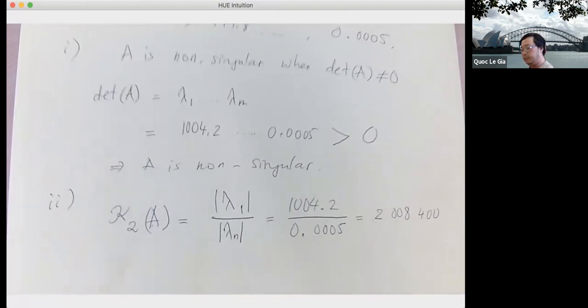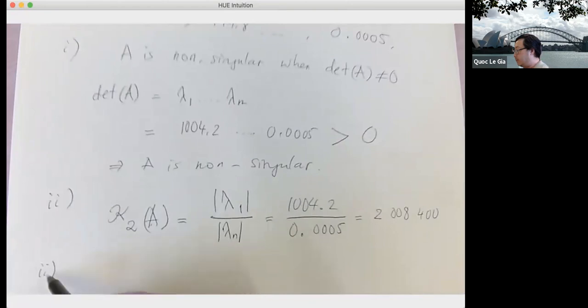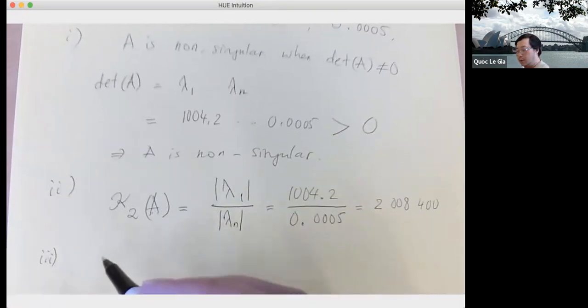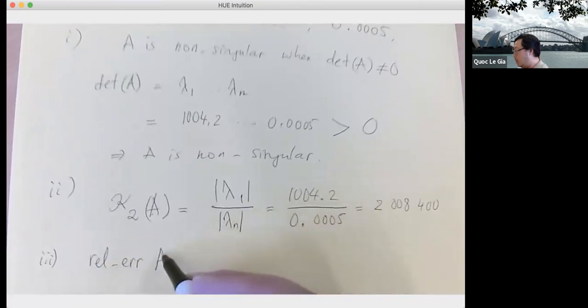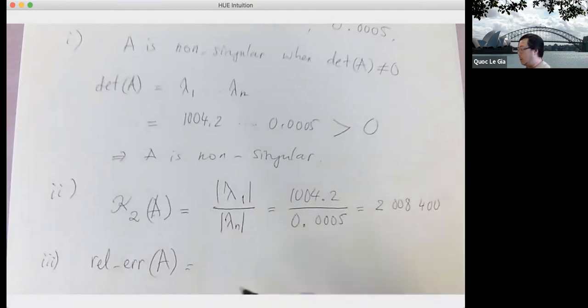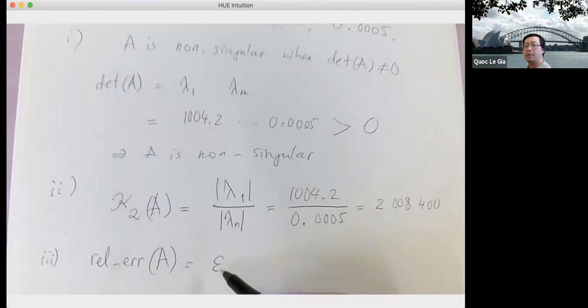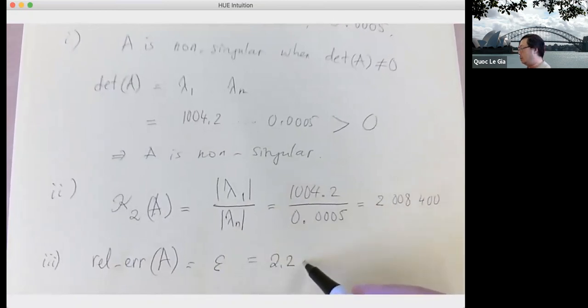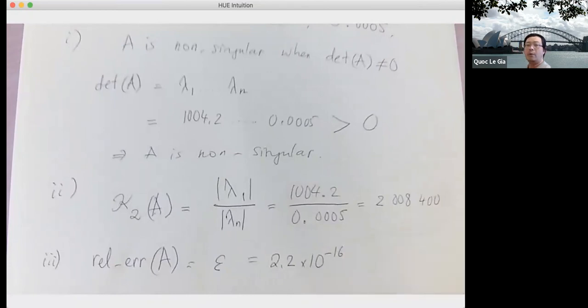Now the next question is, what are the relative errors in the inputs A and B? What is the relative error in the matrix A? If you read the question, you will see that A is known exactly. If A is known exactly and A is a real matrix, then the relative error in A is just epsilon, the machine epsilon, remember? 2.2 times 10 to the minus 16.